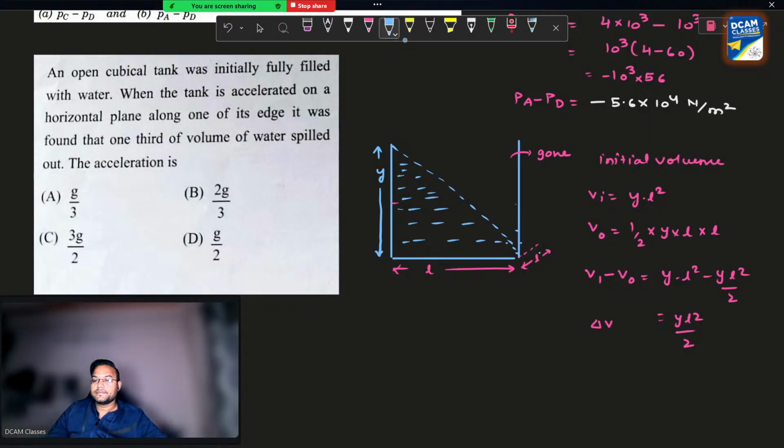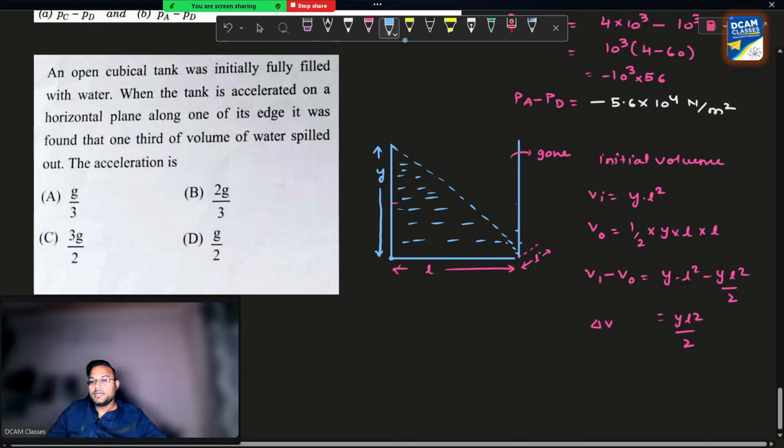Acceleration they are asking. So here we know if the pressure is PB, this is PA.